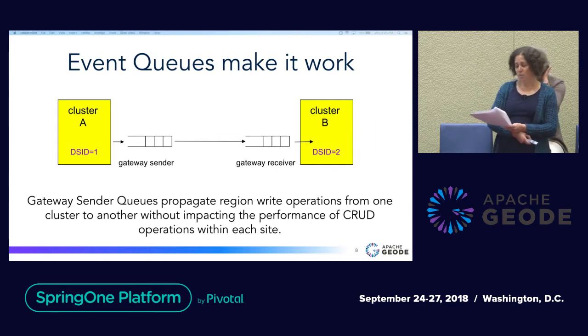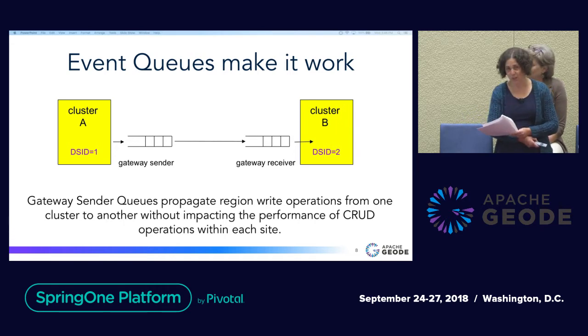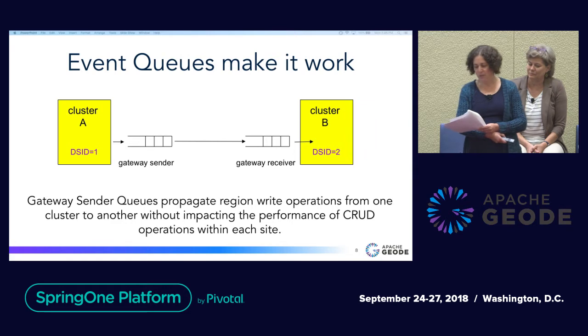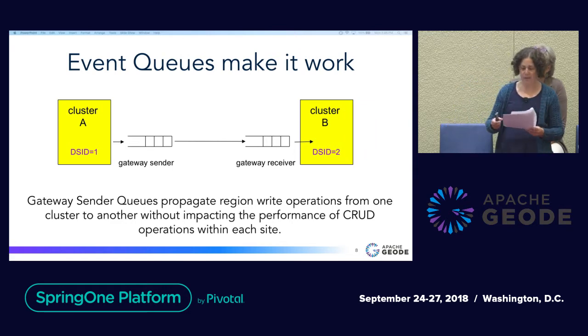And under most circumstances, you will configure a distinct gateway sender for each region. For our advanced users, yes, you can have a single gateway sender for 2 regions if the regions are co-located.